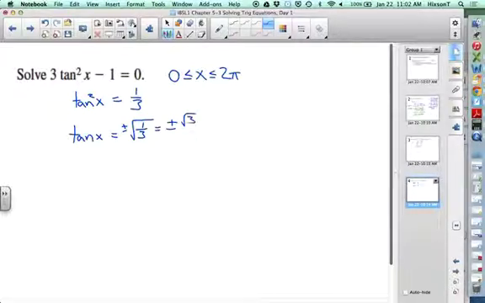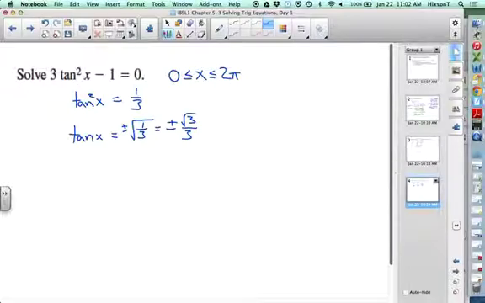That's something we ought to recognize, even if we don't remember exactly where it came from. That's from our unit circle. Does anyone remember which reference angle that was? Tangent, so sine over cosine equaled root 3 over 3. It's either pi over 3 or pi over 6.